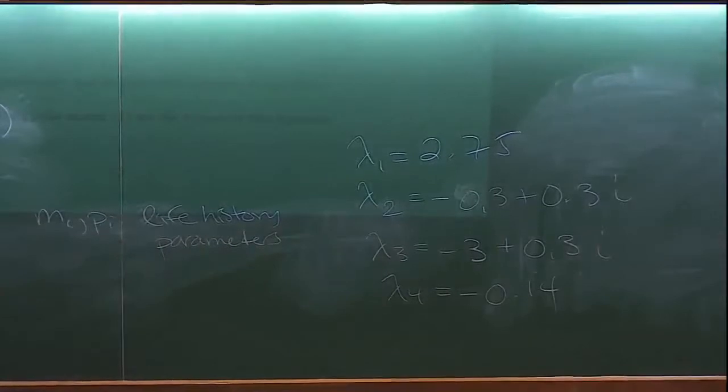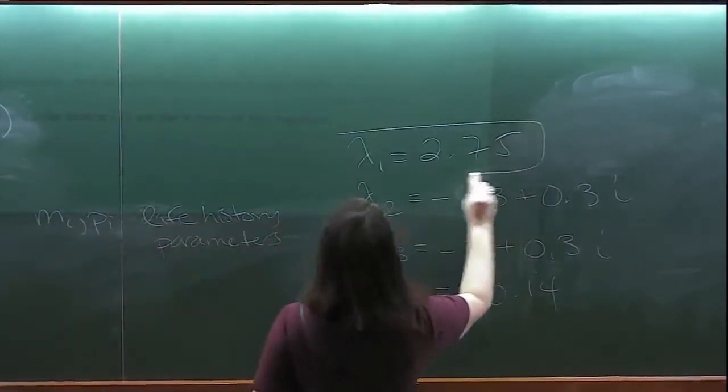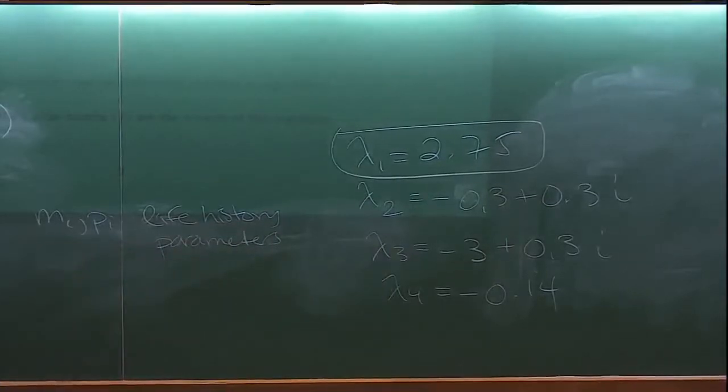And only one of them is, right, lambda 1, the one we're interested in. So this population doesn't just grow, it grows quite fast, right? So that's the long-term growth rate.